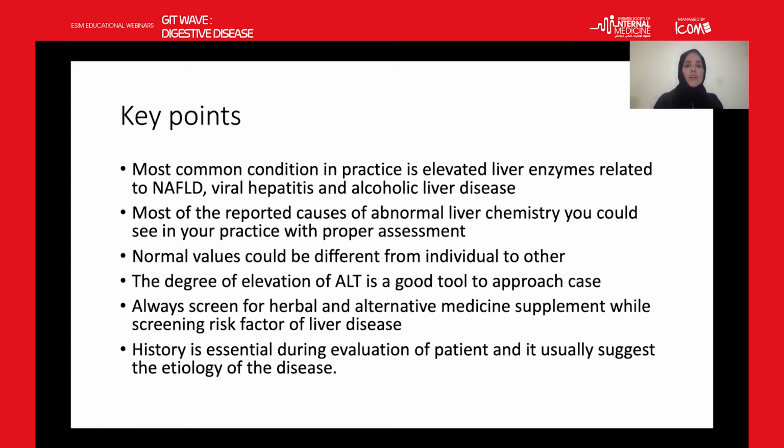Always screen for herbal and alternative medicine supplements while you are screening for risk factors for liver disease. And history is essential during evaluation of the patient, and it often suggests the etiology of the disease. Thank you very much.